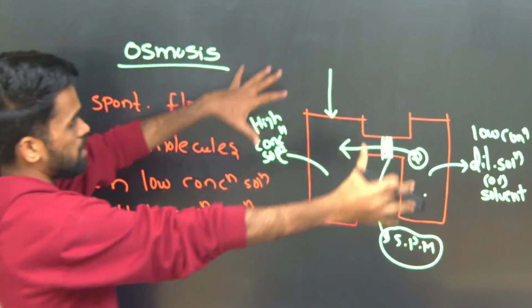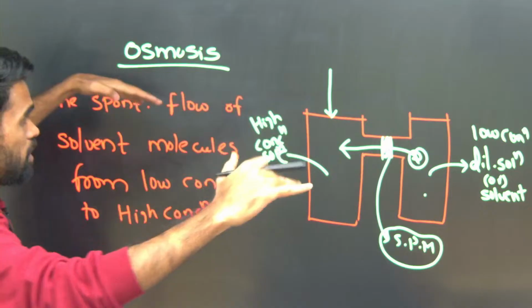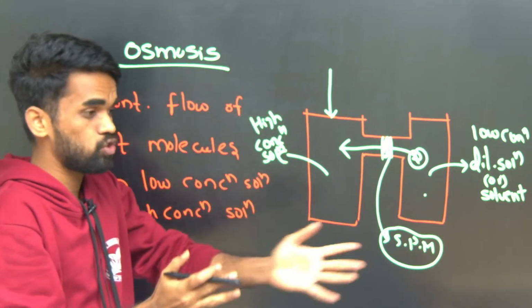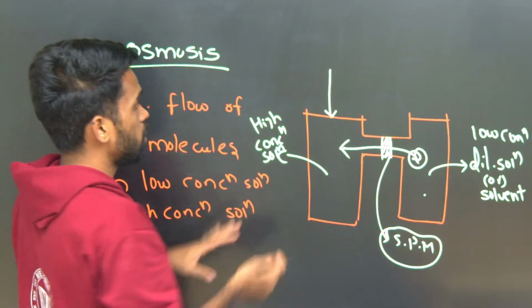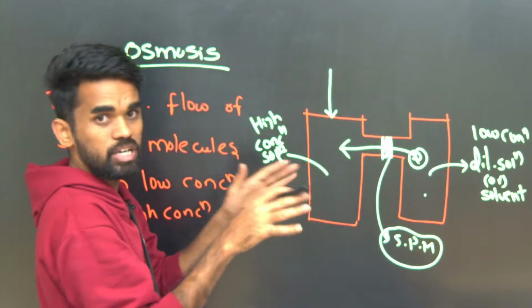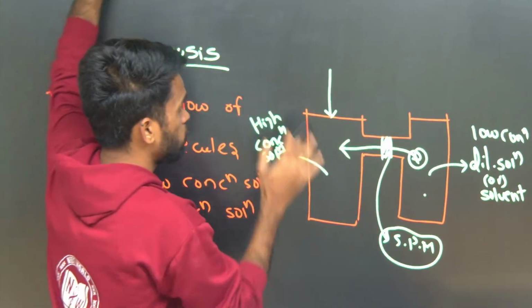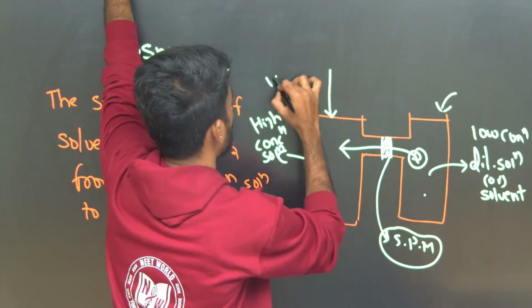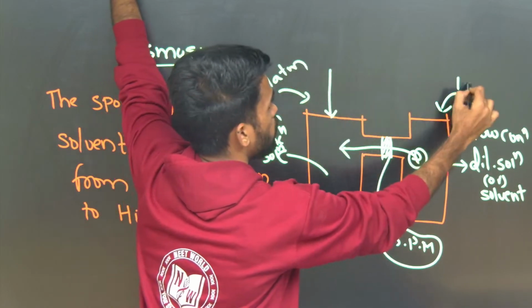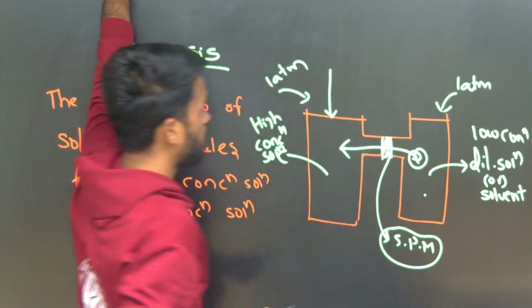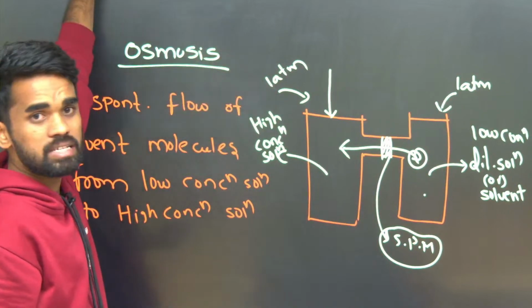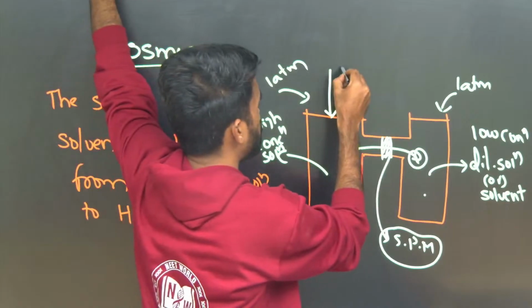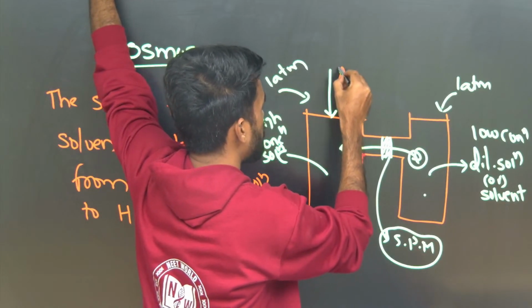Generally, if this container is placed at atmospheric level, like in the classroom or on the bench, at room temperature and standard conditions, there is already some external pressure on both sides, equal to 1 atm. Along with this atmospheric pressure, I now apply some pressure towards the high concentration side. That pressure is called osmotic pressure.